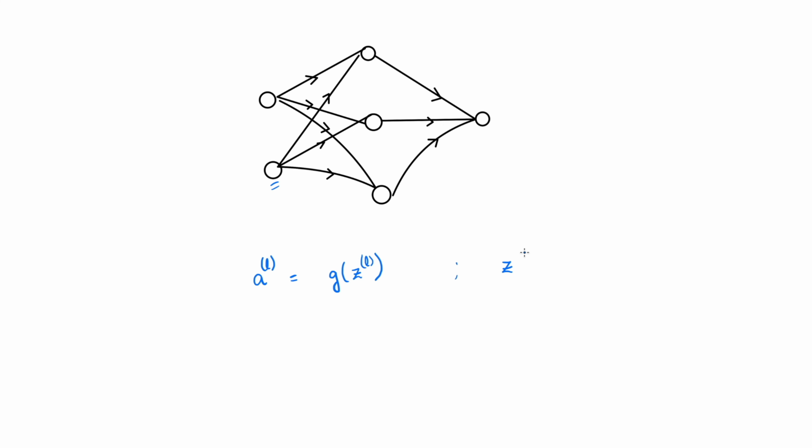This is nothing but a weighted sum. Z at layer L will be equal to weights multiplied by activations from the previous layer, L minus 1, in addition to the bias term.